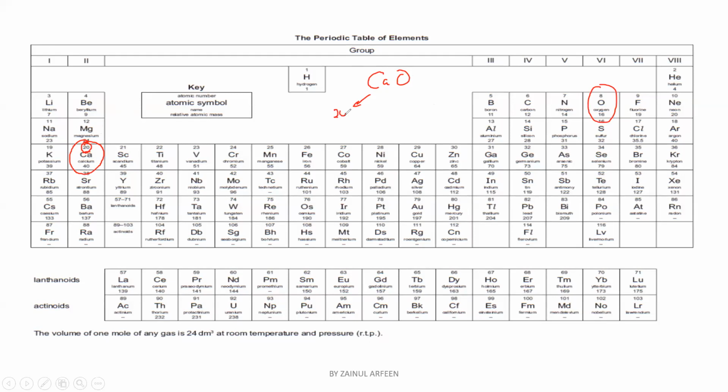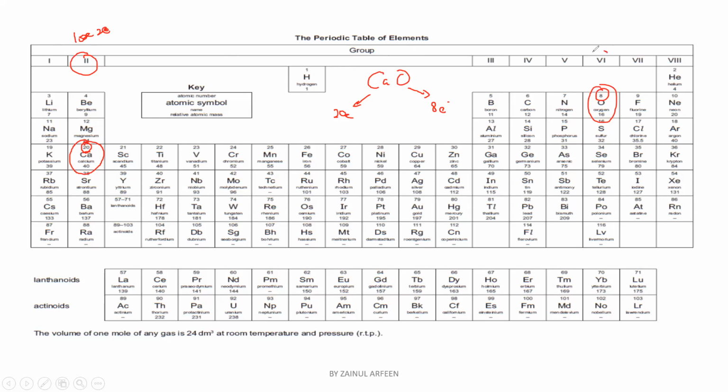So there are 20 electrons in a calcium atom, and there are 8 electrons in an oxygen atom. But when calcium is reacting with oxygen, how do they react? Because calcium belongs to group 2, calcium will lose 2 electrons.